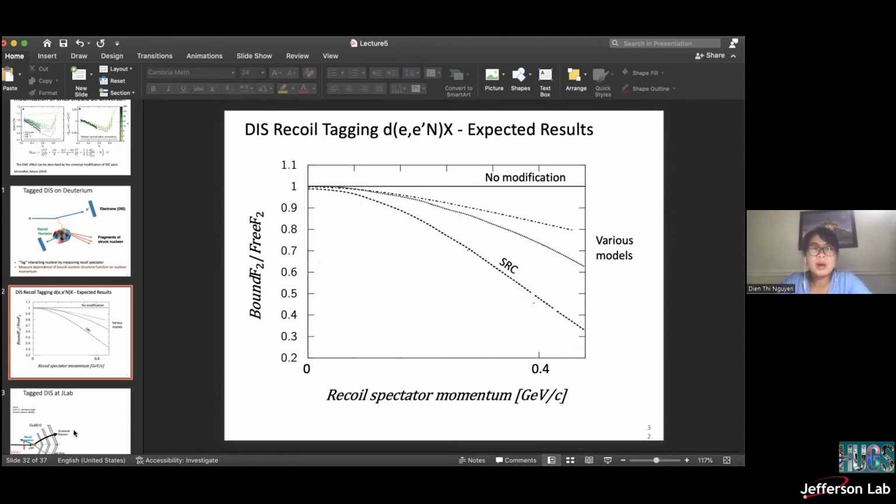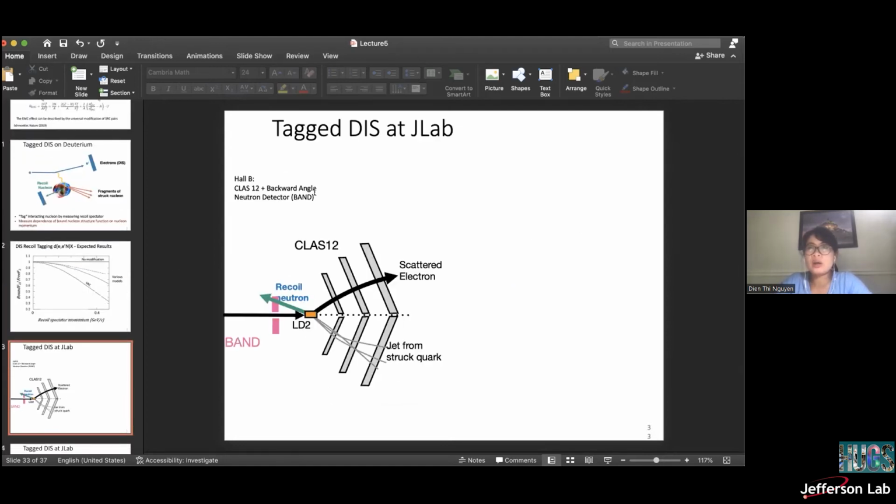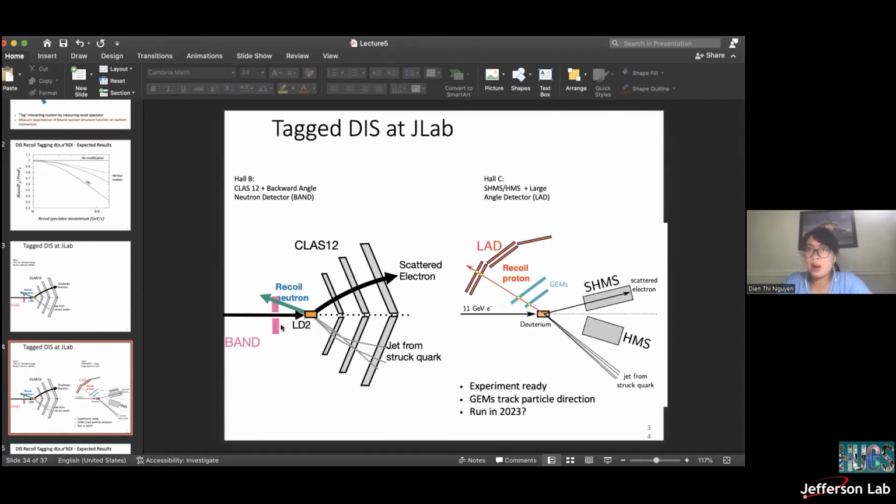The first experiment we have at JLab, we call BAND. For BAND, what we detect is the recoiled neutron here. For this experiment, data has already been taken and is under analysis at this point, and we expect the result will come out soon. Another one is like a sister experiment to the BAND experiment in the lab.